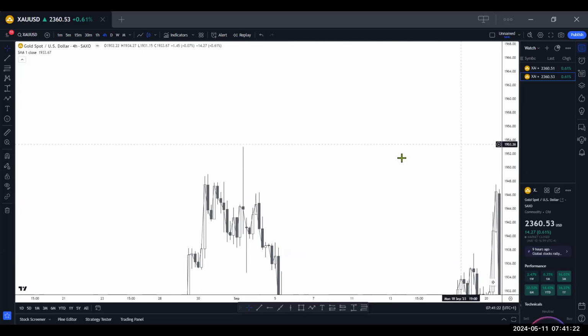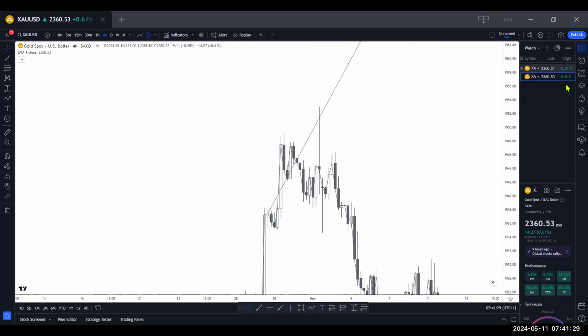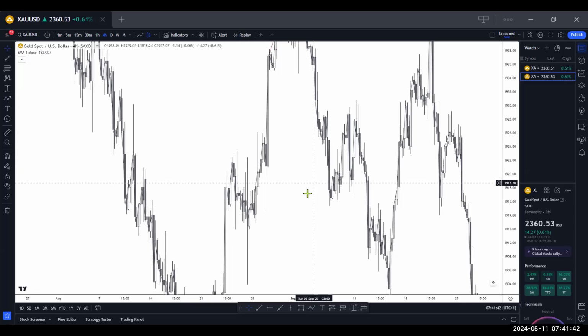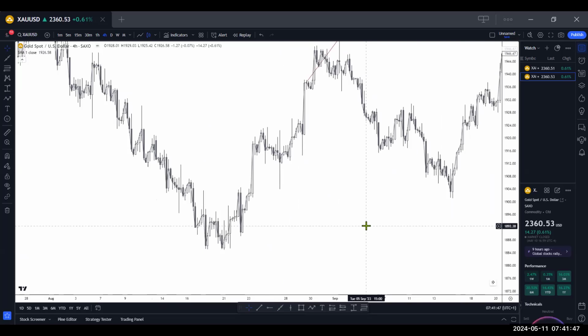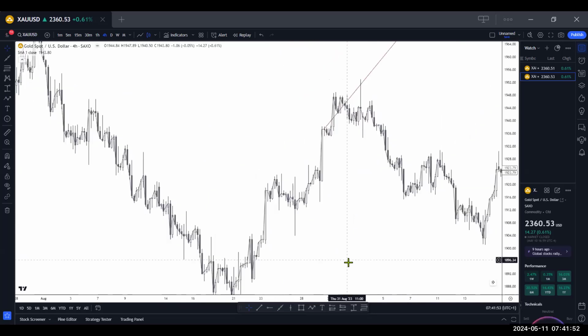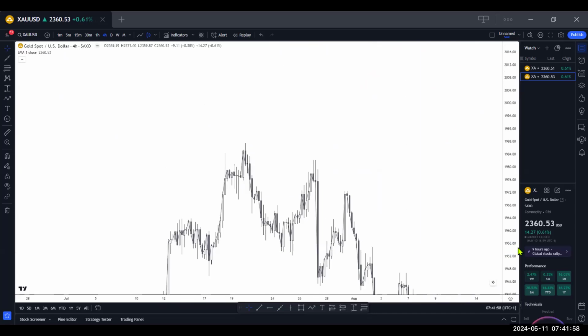Okay. Here's an example. It does not have to be straight. This is first touch, second touch, entry, double top. Another example.